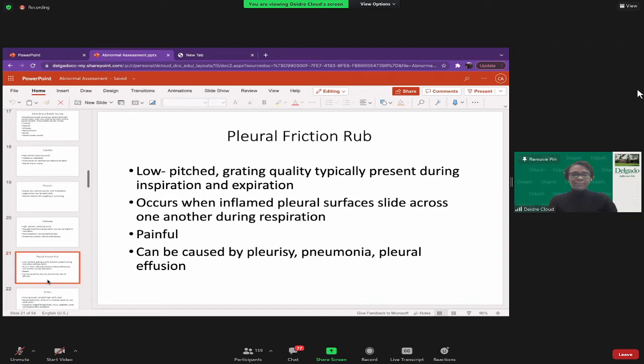And they'll have pain. Yep. And also pneumonia. So again, if you have a pleural friction rub, you need to find out what the cause is. It could be pleurisy, it could be pneumonia, and treat the cause and reassess. And this is typically heard during inspiration and expiration.